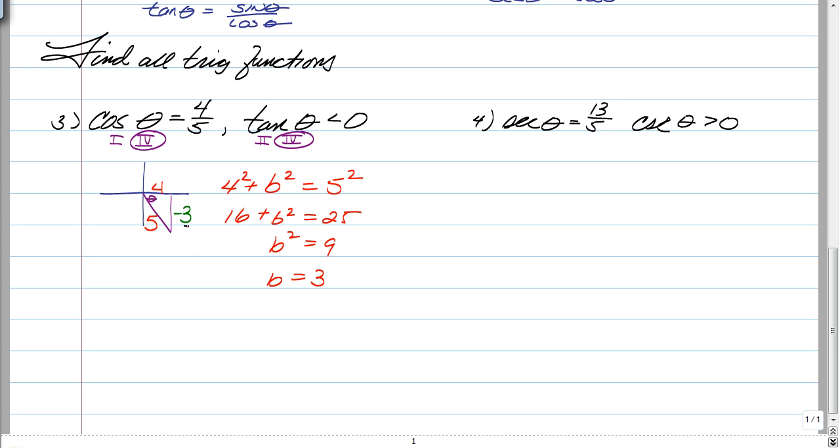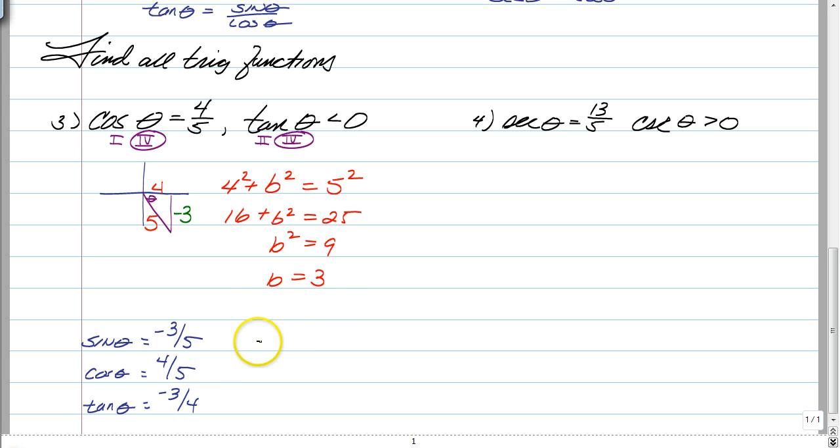So now you have to find all 3 trig functions. So we have the sine of theta, the cosine of theta, the tangent of theta. And the sine is opposite over hypotenuse, so negative 3/5. The cosine of theta we know already because that was given to us, 4/5. And then tangent is opposite over adjacent, so we have negative 3/4.